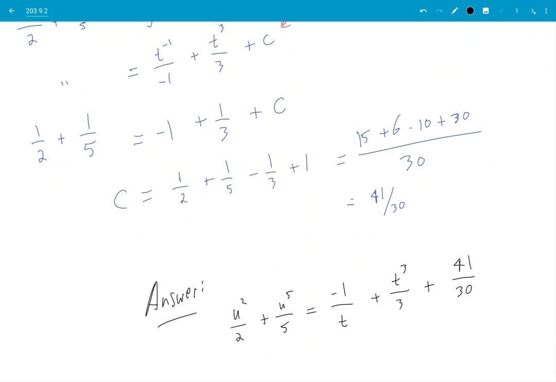Okay, that's the best we can do because, as I said, solving a quintic polynomial, degree 5, is hard, if not impossible.